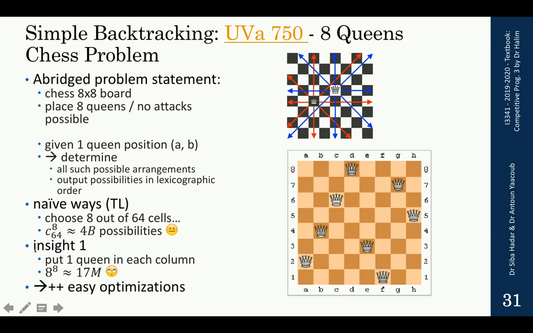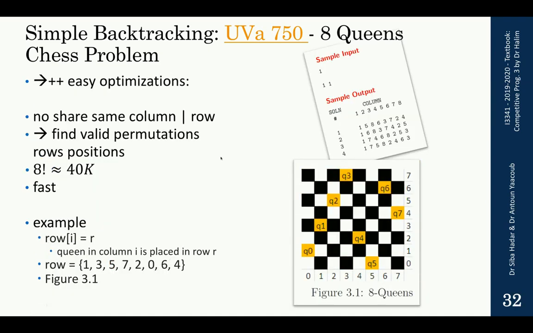And the first insight will come. You will say that I will put 1 queen in each column, and in fact they told us that we have 1 queen in each column explicitly because they want a solution like this.